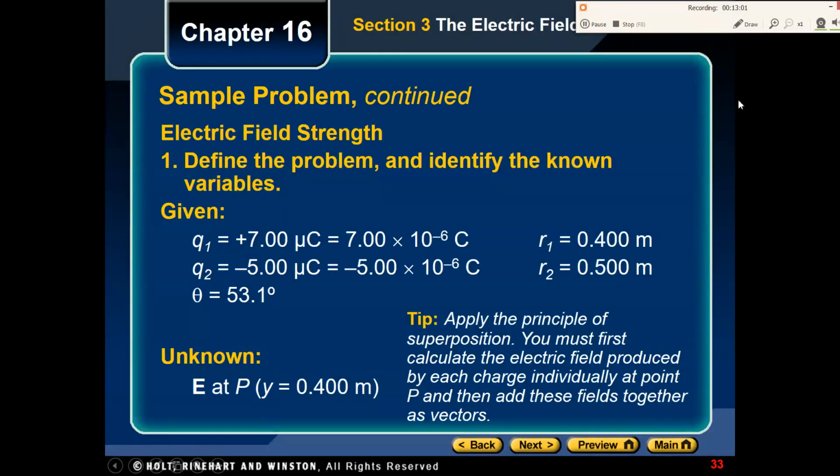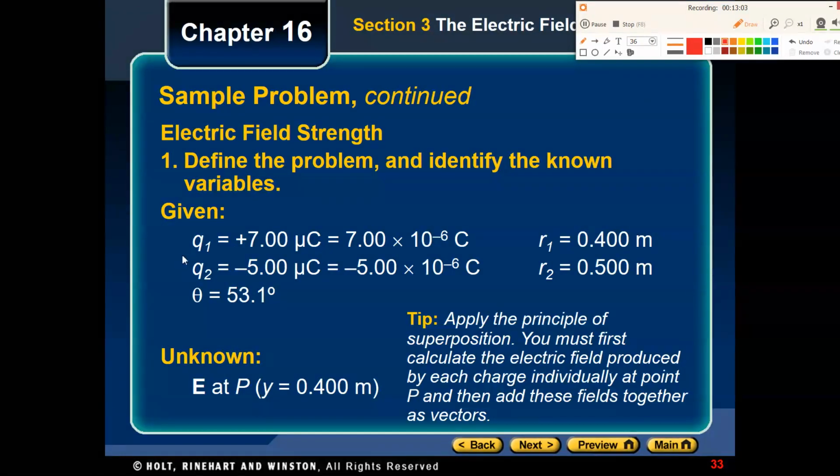Right. So what do we know? We know charge 1 is a positive charge, charge 2 is a negative charge, and the distance from this point to Q1 is 0.4 meter, to Q2 is 0.5 meter, and the angle theta is 53.1 degrees.